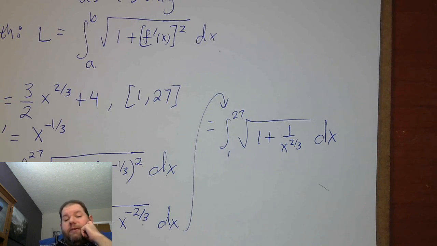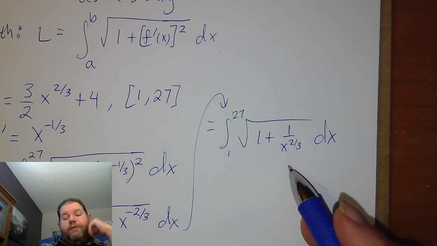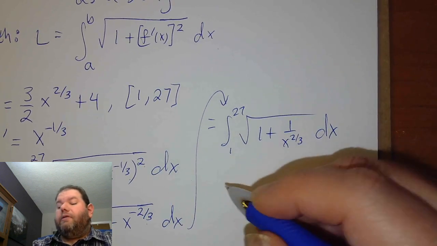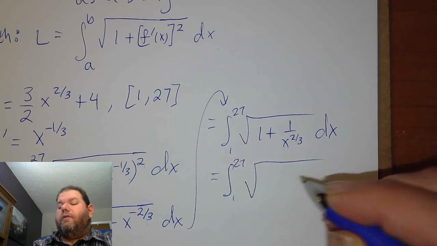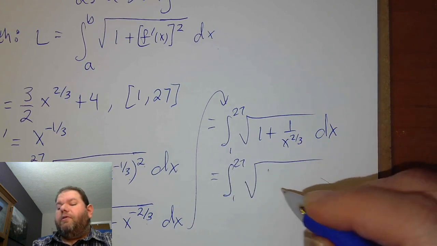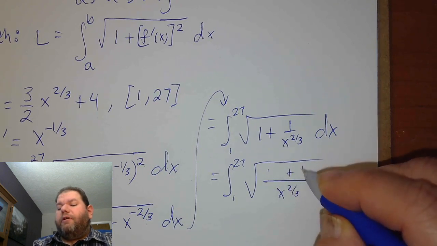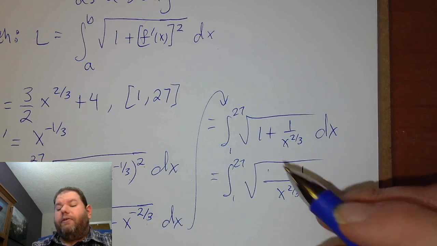We want to get a common denominator here, and only one of our terms has a denominator in the first place, so we know that's the common denominator. So we'll put x to the 2/3 on the bottom. The second term doesn't really have to change. It's 1 over x to the 2/3.